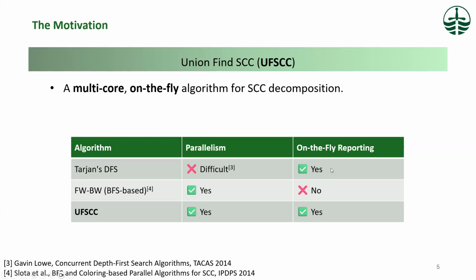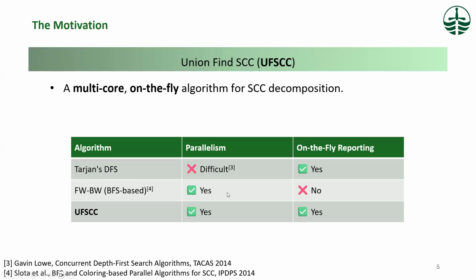Another widely recognized approach is the BFS-based algorithms. We know BFS works layer by layer, so it is possible to parallelize. But the hard thing is we need the graph on hand to do that.